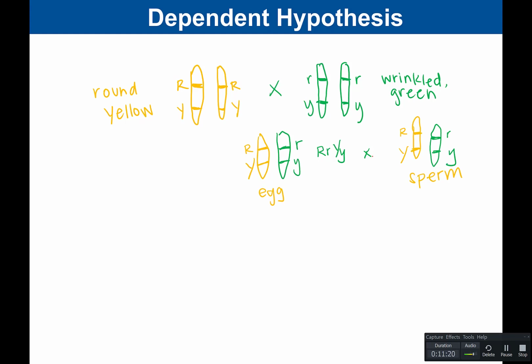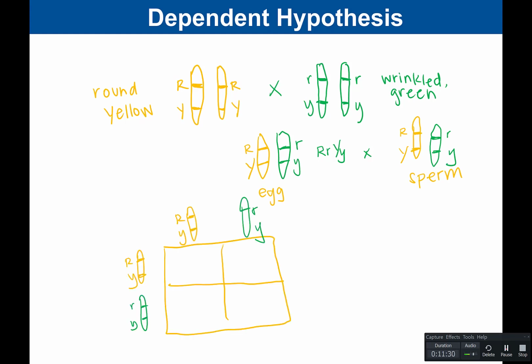Now, when you cross those F1s together, this is just to show you how the chromosomes would be inherited, but let's draw out what the options would be. Our Punnett Square would look like this, where we have one parent giving either the yellow or the green, and the other parent giving the yellow or the green. Now we just need to fill in our Punnett Square.